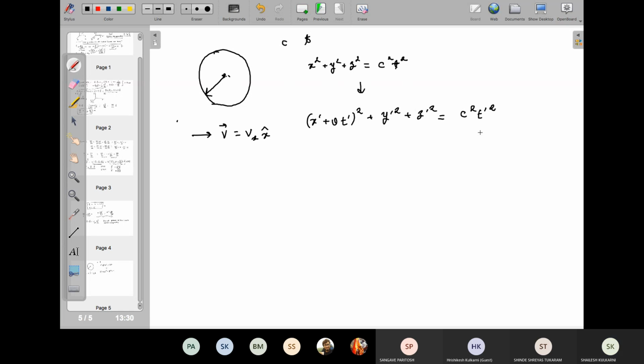So you need a different equation whose solution is this wavefront, and that equation will be different from Maxwell equation. Is it clear? So in all, your Maxwell equation, or your electrodynamics, does not respect the principle of Galilean relativity.